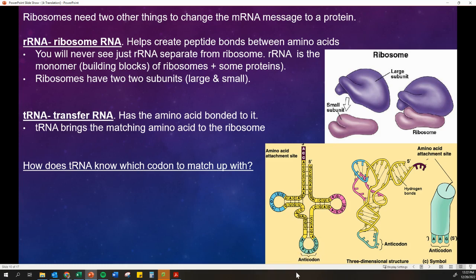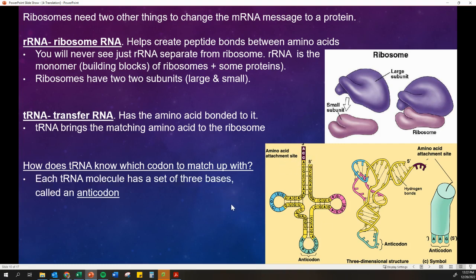The anticodon would bond to the codon, and that anticodon is part of the tRNA that has an amino acid at the top, and it can be added to our growing polypeptide.